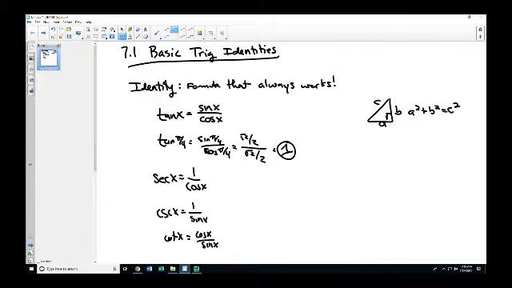What do you notice about all of them? What are they based on? Sine and cosine. So one of the big tips I can give you to solve trig equations: change to sine and cosine.